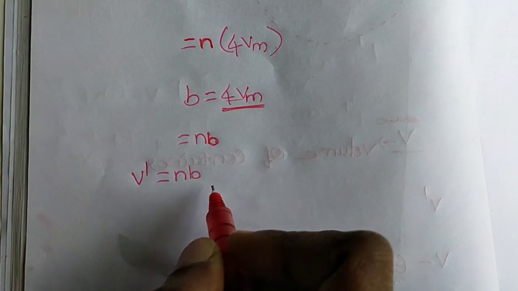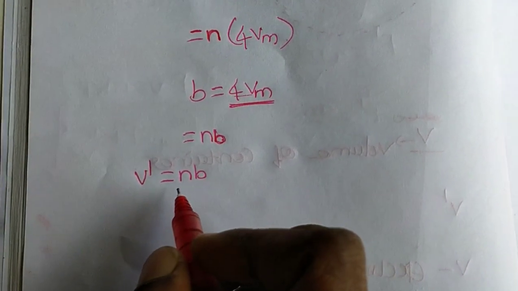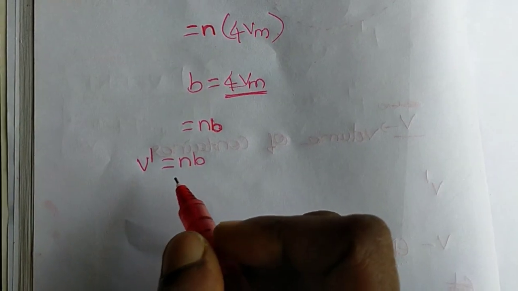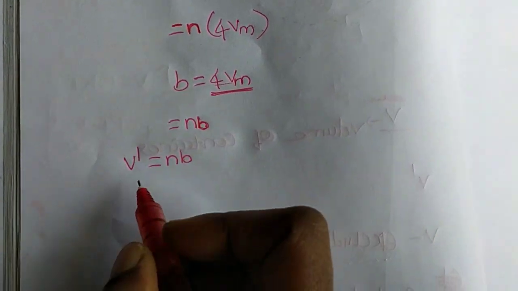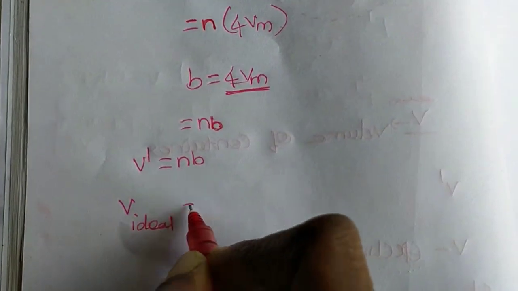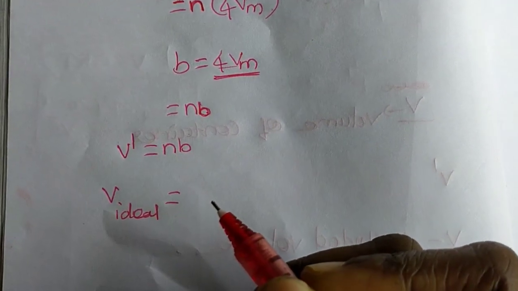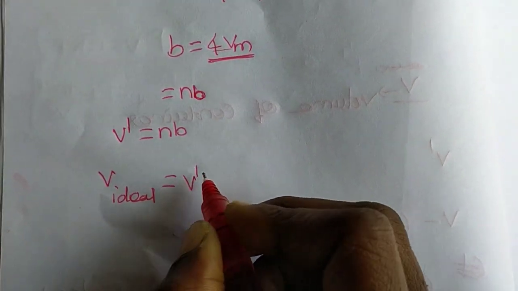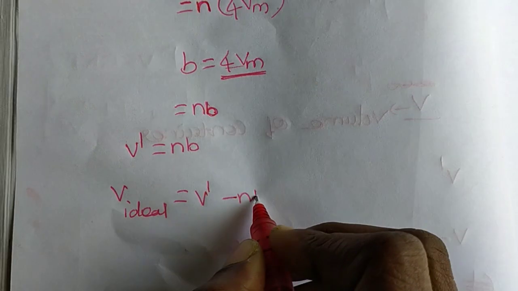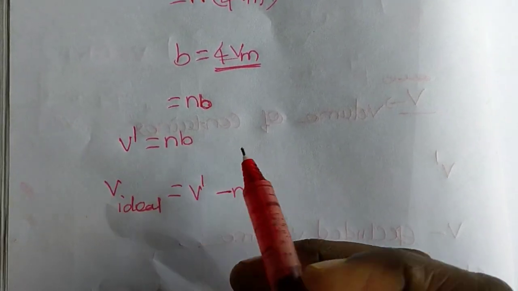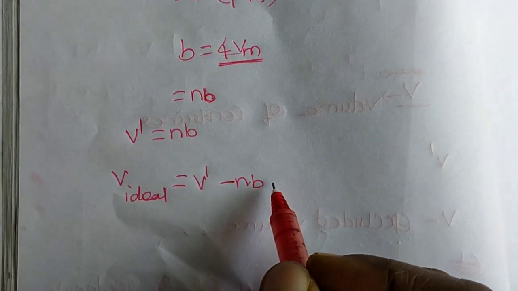So we have to substitute this value into the place of volume in the ideal gas equation. So how to place it? V ideal, so you have to write it for the V ideal, that means the volume of ideal gas. V ideal is equal to V dash minus nB.